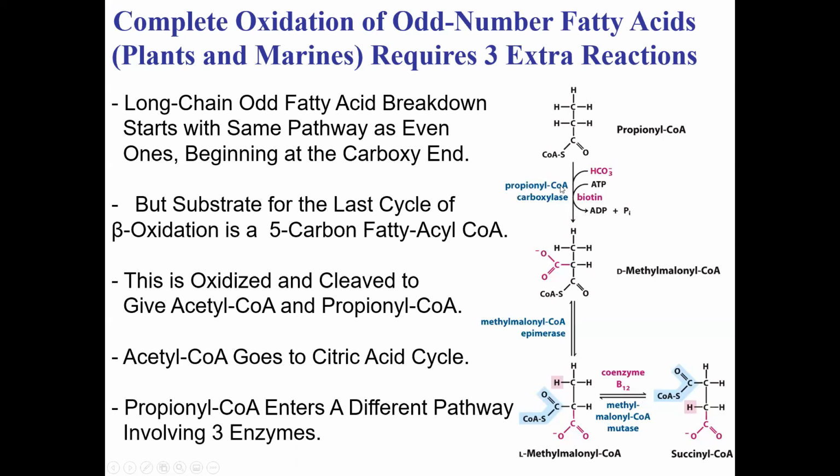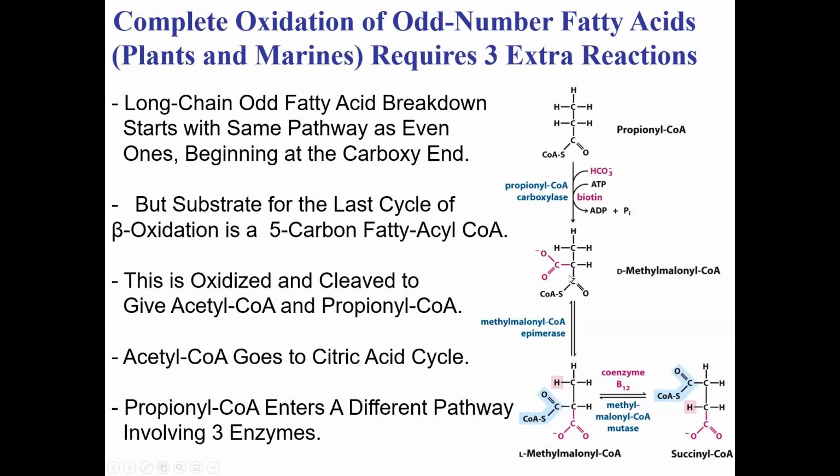So propionyl CoA carboxylase will basically put a carboxyl group on the propionyl coenzyme A. And it's done stereoselectively. You can see that the carbon where the carboxyl group is now attached is a chiral carbon, right? 4 different groups. So it is a stereochemically selective reaction.